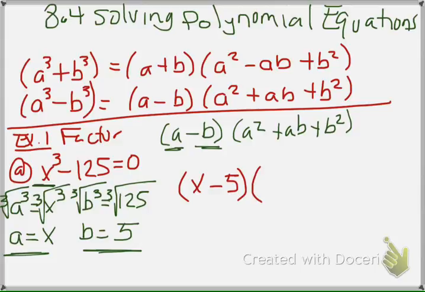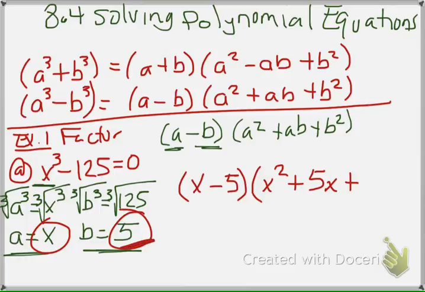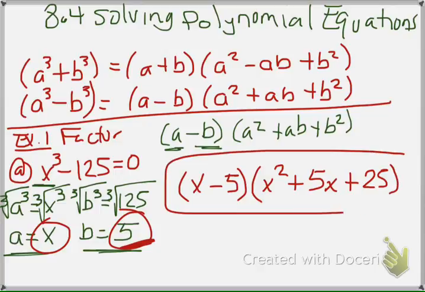A squared means what? X squared plus A times B. Well, this is A and this is B. When I multiply them, what do I get? 5x plus B squared. What's 5 times 5? 25. And you are done.